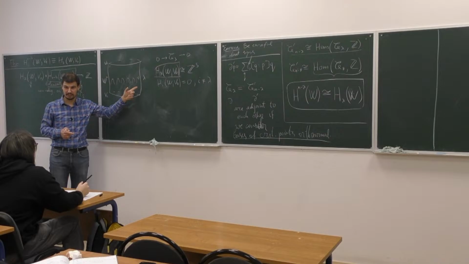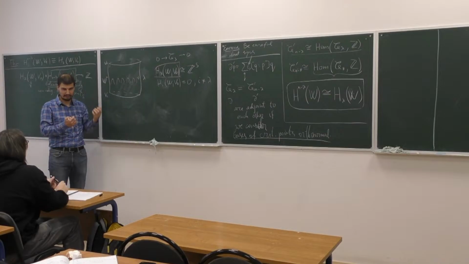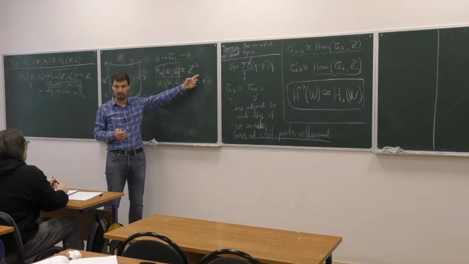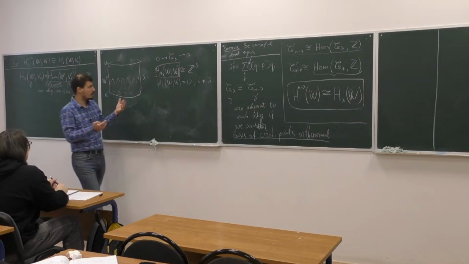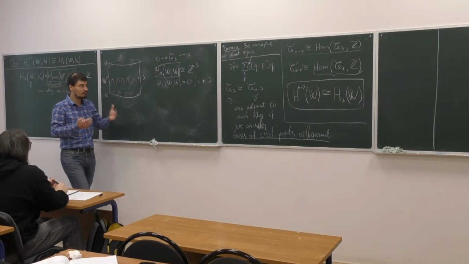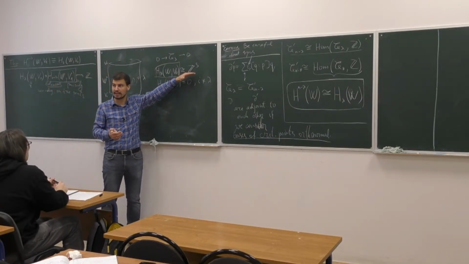So once more, if we have a Morse function, then we obtain a basis in this group. The group itself is independent of the Morse function, but the basis is dependent. Question: vice versa, assume that I have taken an arbitrary basis of this group.